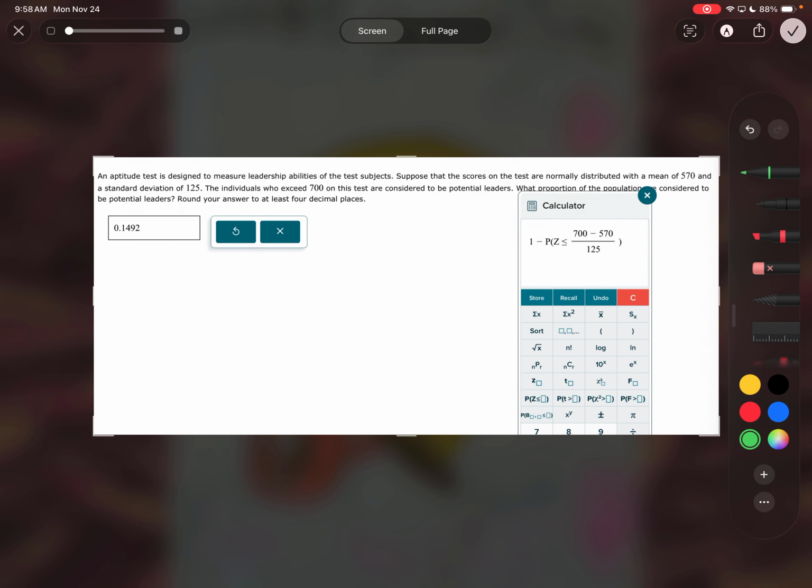So we are going to use this button on the calculator. The issue is we want exceeds. So our mean right here, just to draw a quick picture, 570. We want 700 or more. So we want anything over here. So what we do in the calculator is the calculator finds everything to the left, and then we do 1 minus over here. So this would be 1 minus 0.1492.